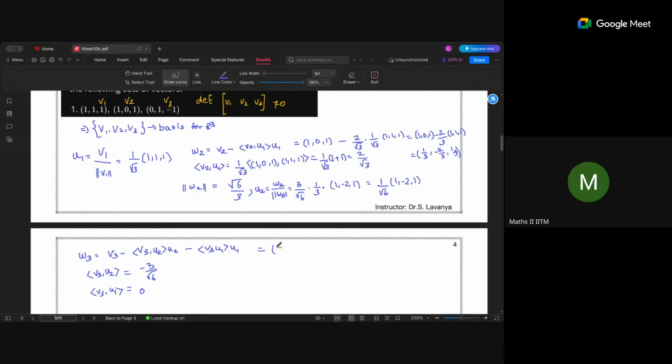Now let's write 0 comma 1 comma minus 1, minus into minus will become plus 3 by root 6 into U2. What is U2? U2 is again 1 by root 6, 1 comma minus 2 comma 1. So you have to simplify further. So this will become 1 by 2 times of 1 comma minus 2 comma 1.